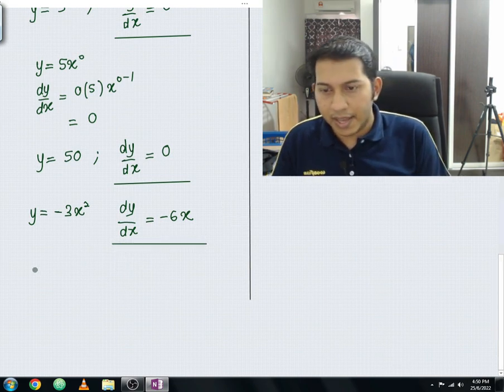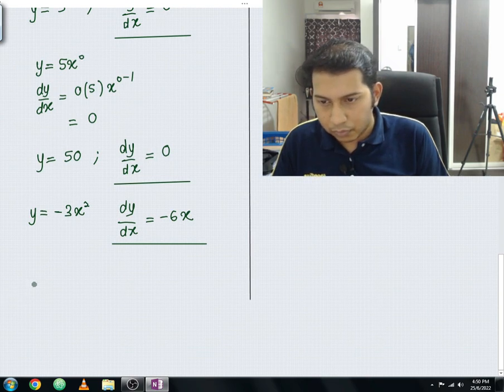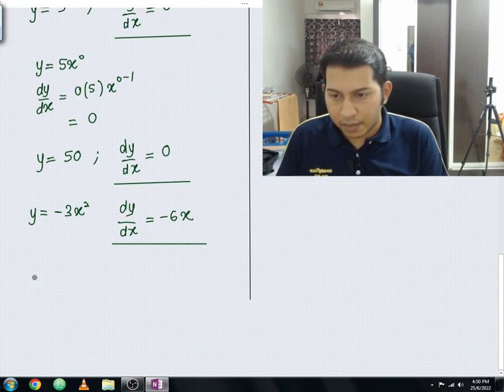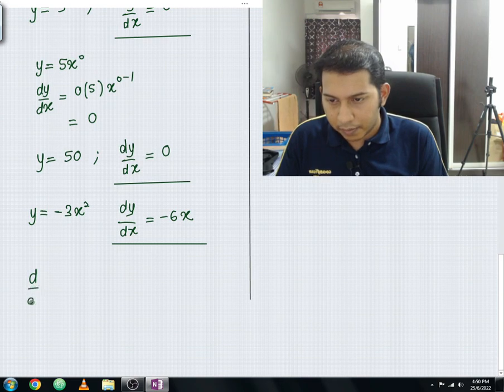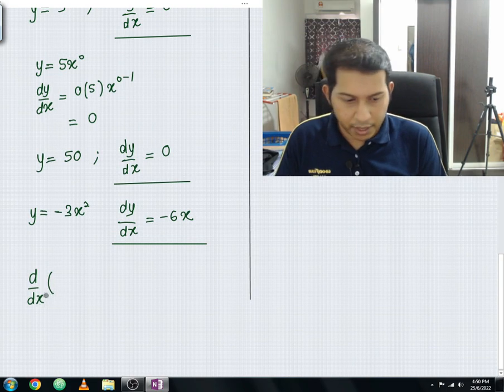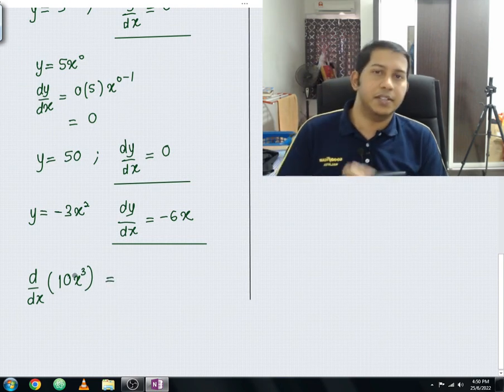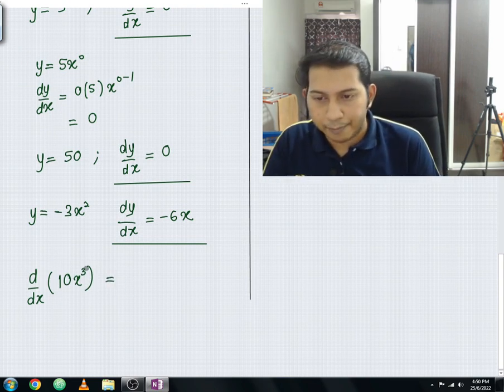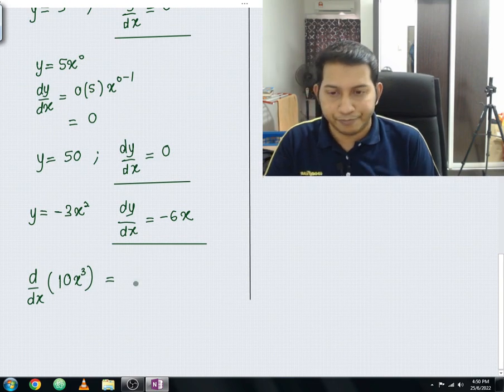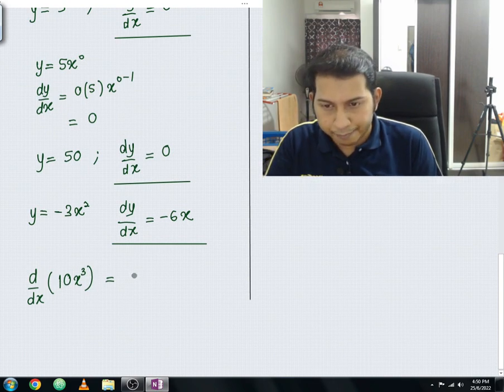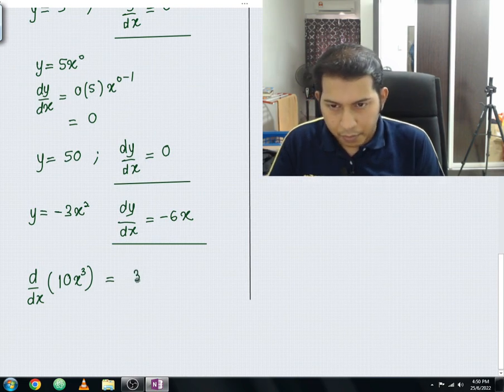So let me show you another example. This time I'm going to show you in this format, d over dx, in a bracket 10x cubed. When you differentiate this, 3 times 10, so from here you get 30.